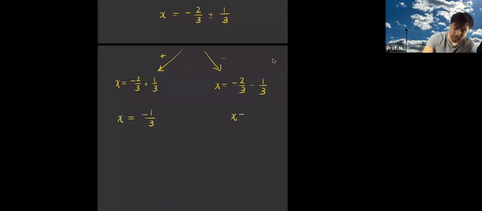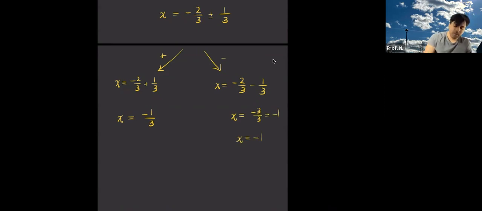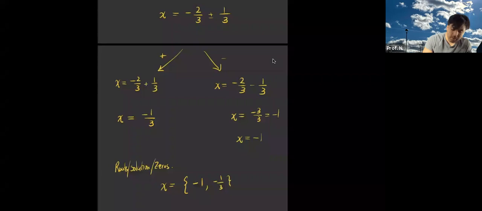And when I subtract it, I get negative 3/3, which equals negative 1. So my solutions, my roots, or the zeros, right, are equal to negative 1 or negative 1/3.